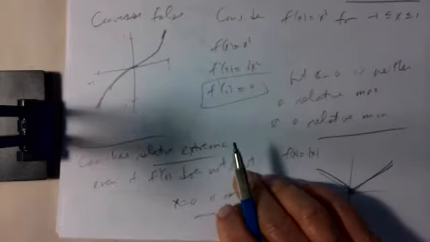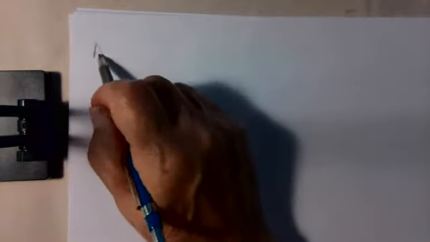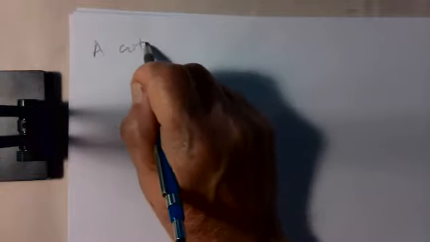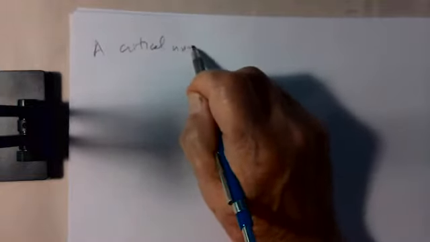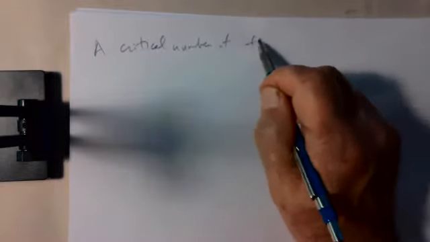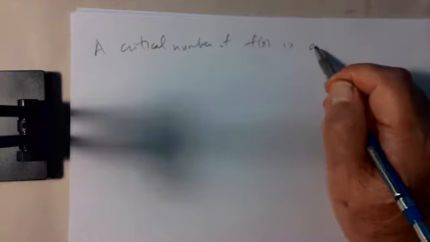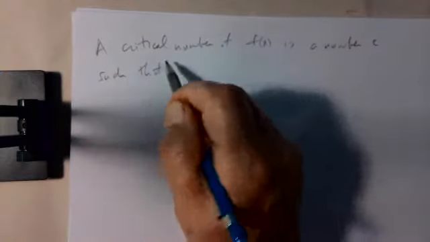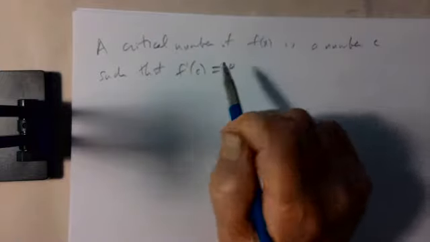So these points where the derivative is 0 are important because it's a necessary condition for a differentiable function to have a derivative equal to 0 at a relative minimum or maximum. And what is called a critical number of the function f of x is a number c such that f prime of c is 0.